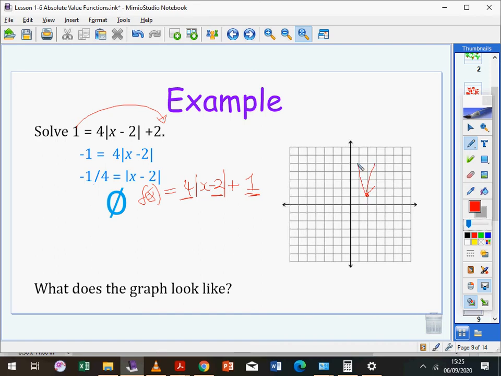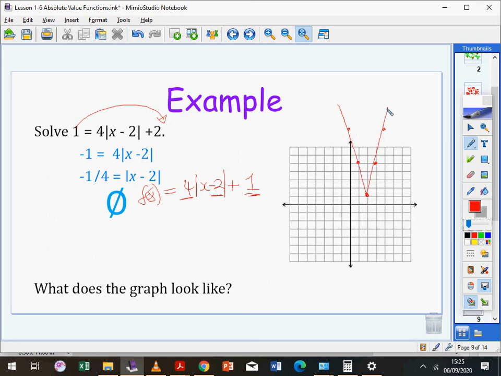Let me draw it better. Yeah, slope of 4: 1, 2, 3, 4. It's going to go there, and it's going to go here. It's going to continue like that. So that's what my graph is going to look like.